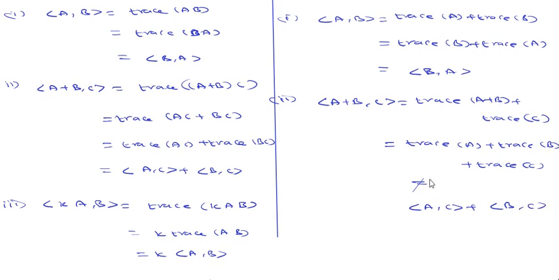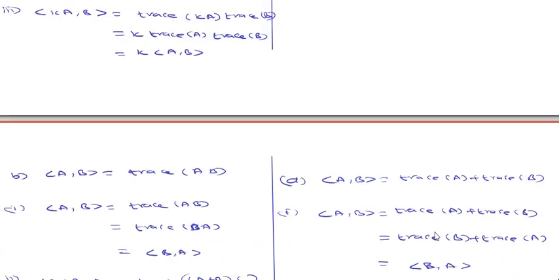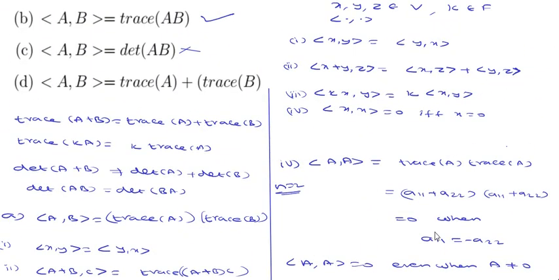Therefore this is not an inner product, so D is false. So the correct option is option B.